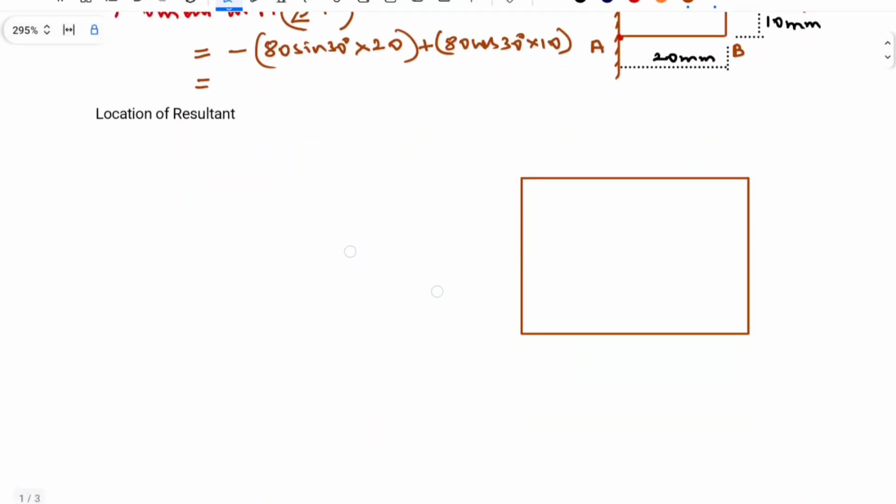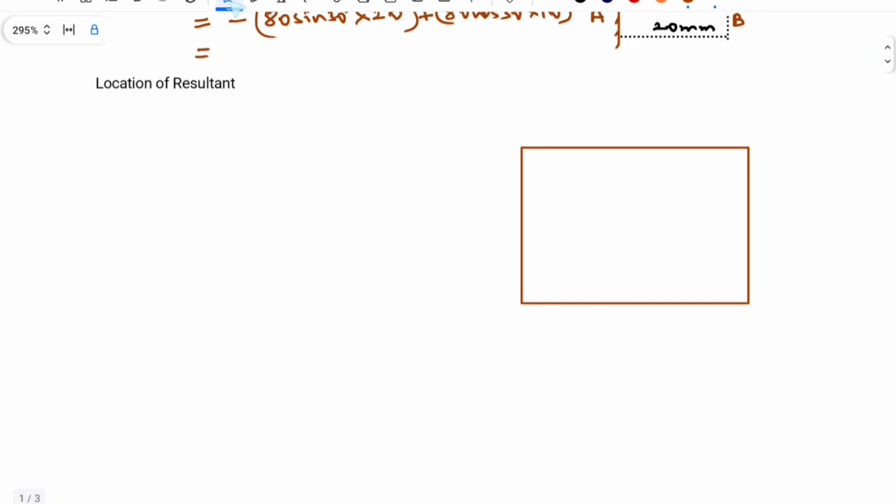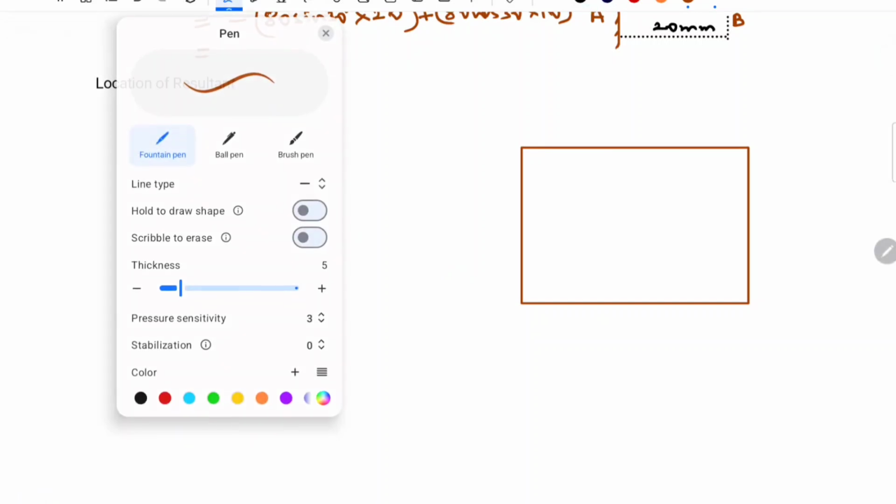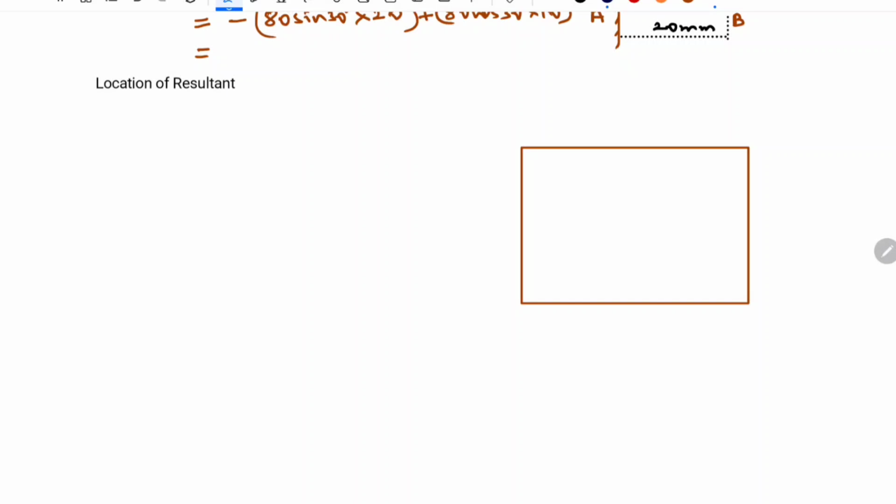Coming to the location of the resultant, based on the horizontal and vertical forces, we can mark the coordinate, the quadrant and the direction of the resultant. In the resolution of forces, we have considered the horizontal right side as positive and vertical upward as positive.